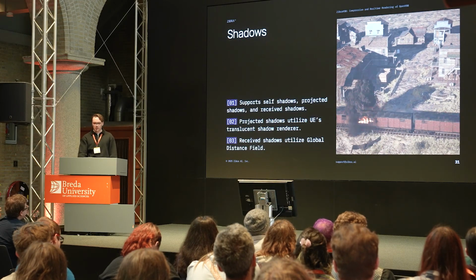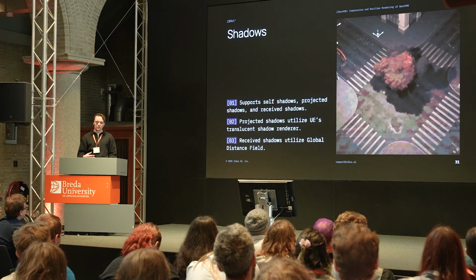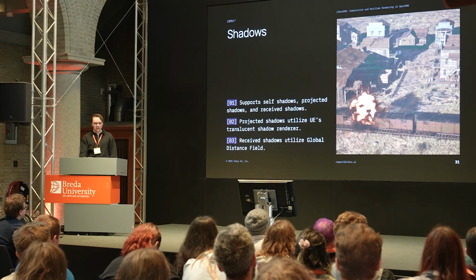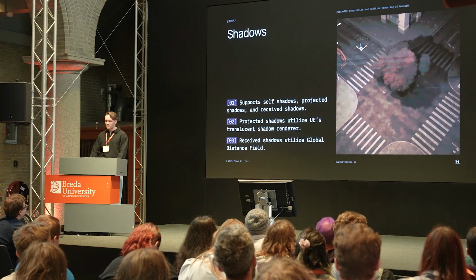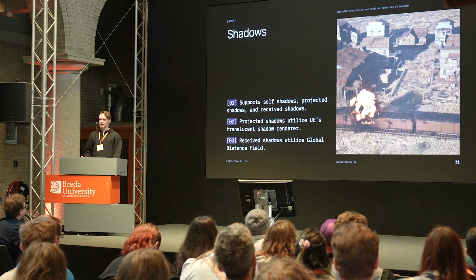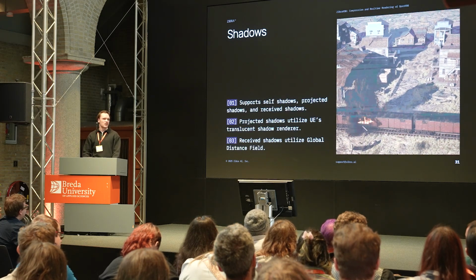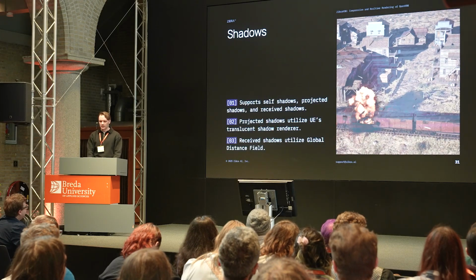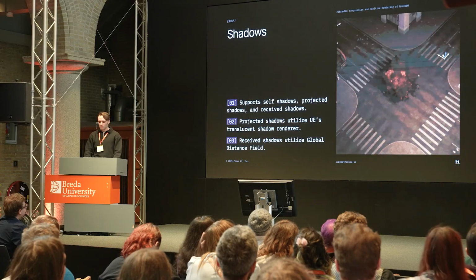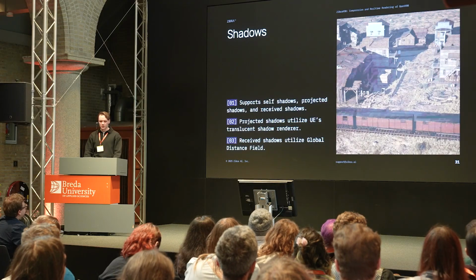Received shadows are when geometry casts shadows on your effect. We're using a global distance field. This is not the most optimal approach, but we cannot access shadow maps in our shader, so we are going this way for now. I think we will replace it in the future with shadow maps. It will give much better quality and much better performance.